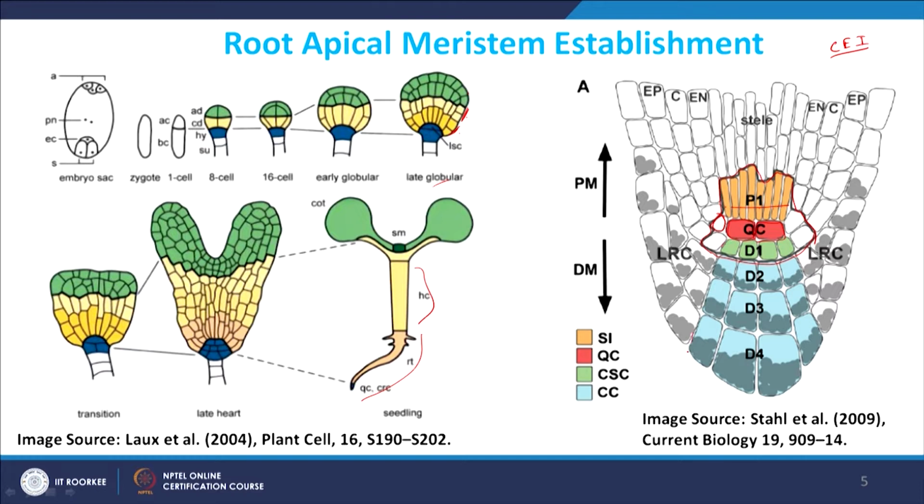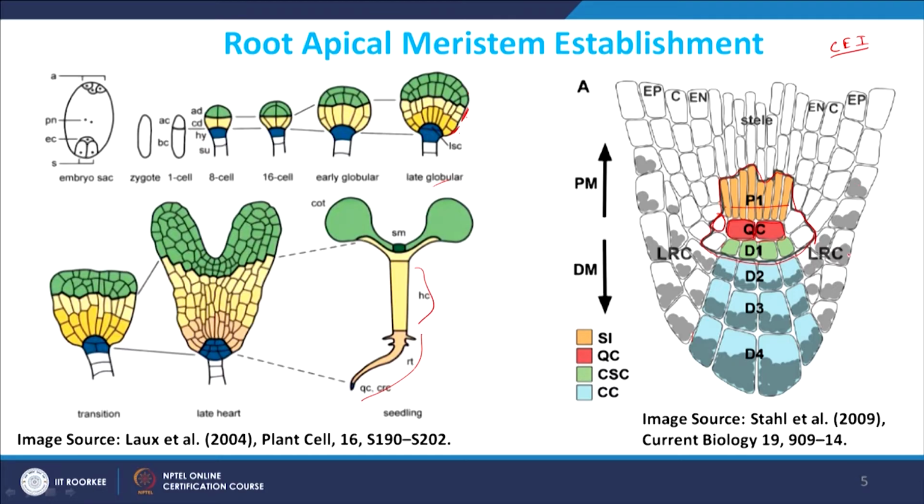This entire region is columella. In the columella, the cells immediately below the QC are the initials, the columella stem cells, but the cells in the D2, D3 and D4 layers have undergone columella-specific differentiation. These cells are basically making lateral root caps.